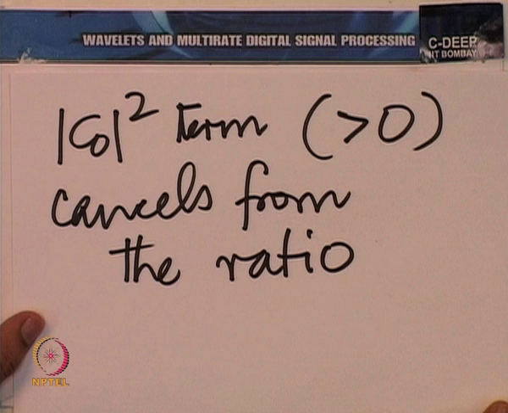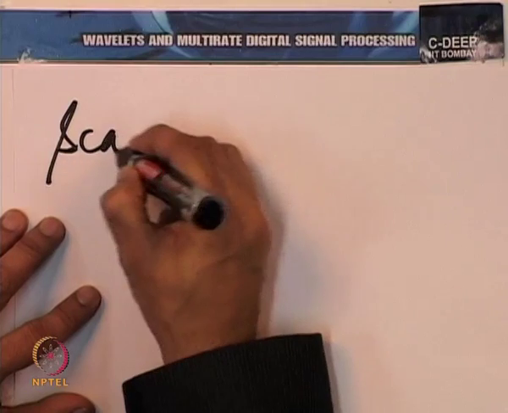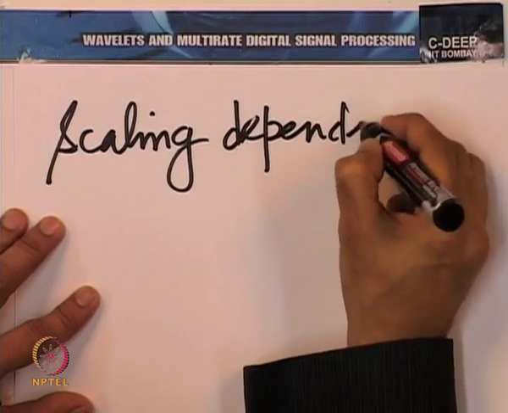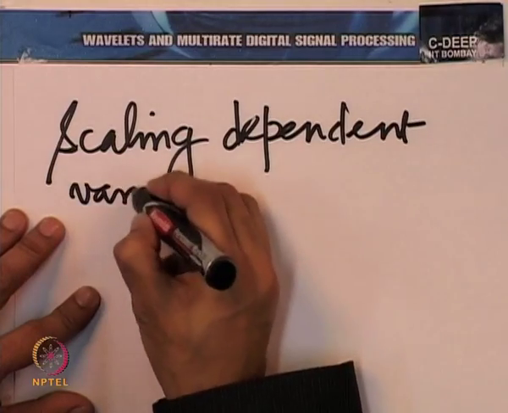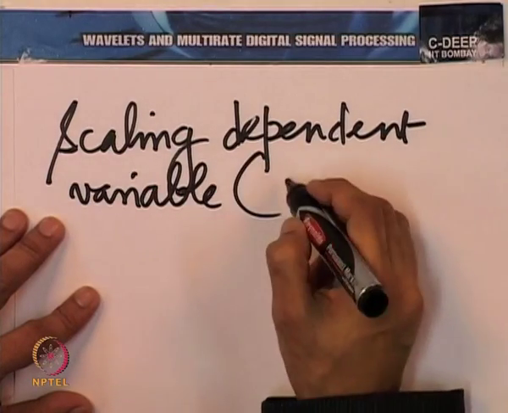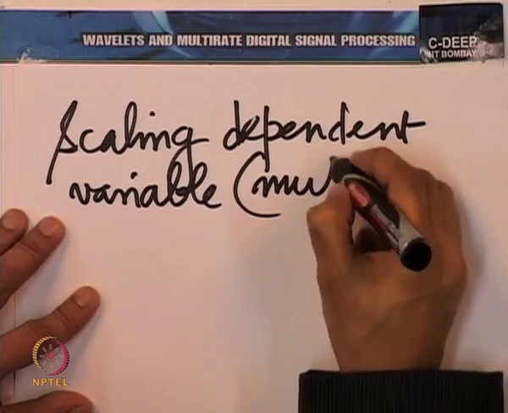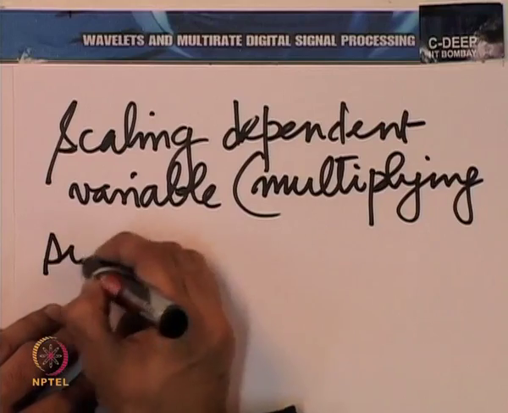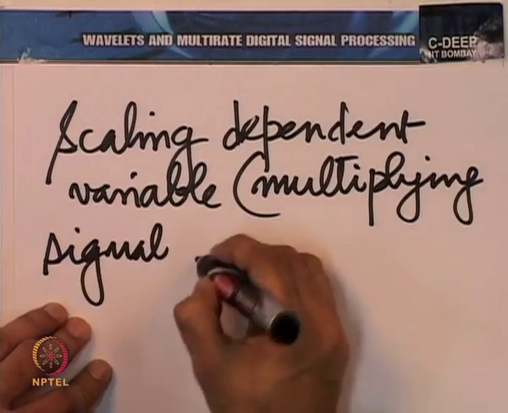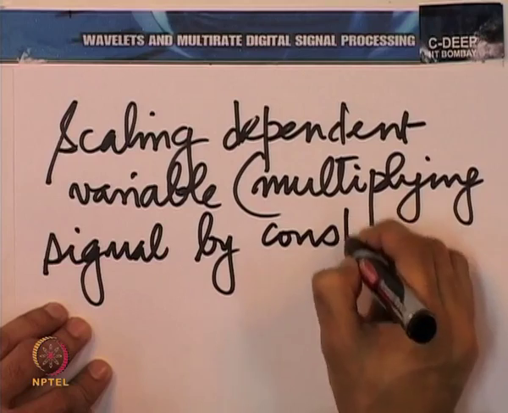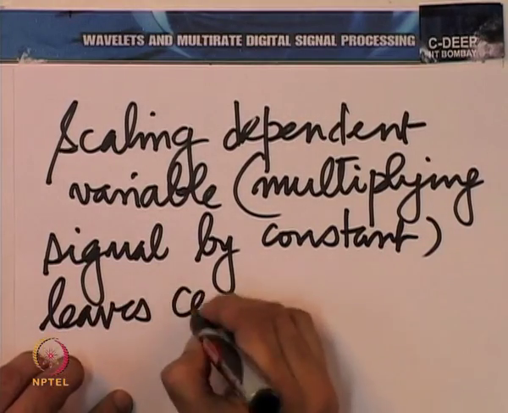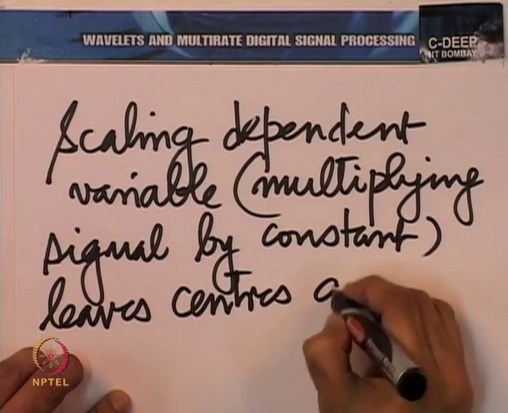And therefore, scaling the dependent variable, or essentially multiplication by a constant, multiplying the signal by a constant, leaves the centers and variances unchanged.